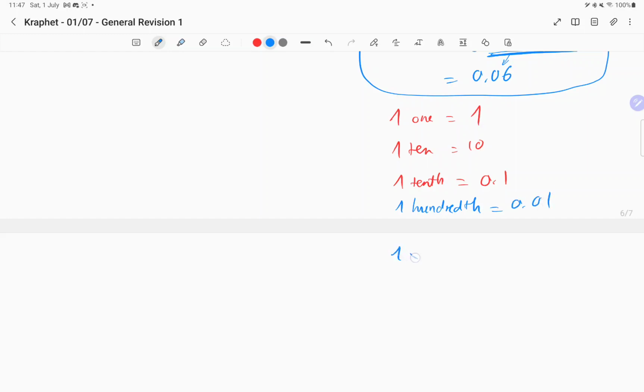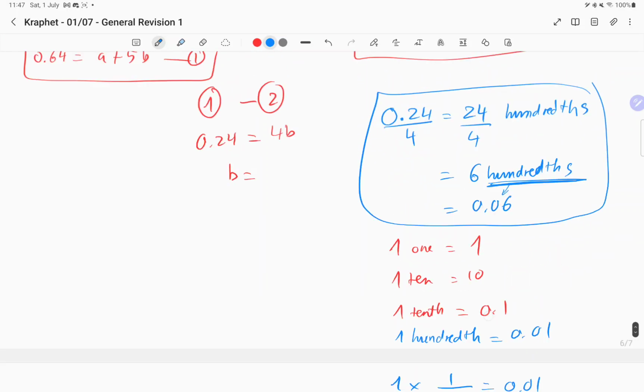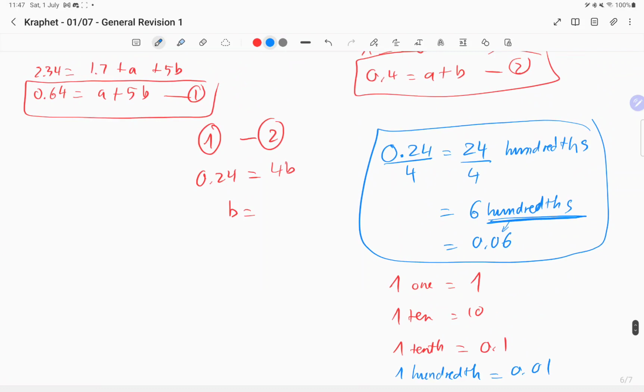Well, when you actually do division, it will be 0.01 when you divide 1 by 100. Okay, so that's why 0.24 is 24 hundredths. So you actually look at the last digit here. 24 hundredths divided by 4 is 6 hundredths, which is 0.06. Alright, so the answer is 0.06. If you know this, it will make your working a lot faster than having to do long division.